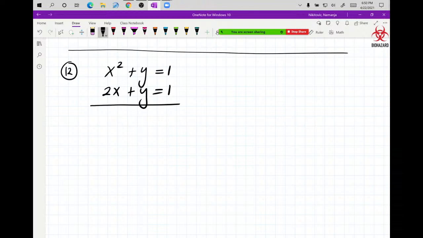It doesn't matter. Elimination is easier because all I need to do is to subtract two equations and y is dead immediately. So I will get x squared minus 2x equal to 0. That's my equation now, and we factor out x.